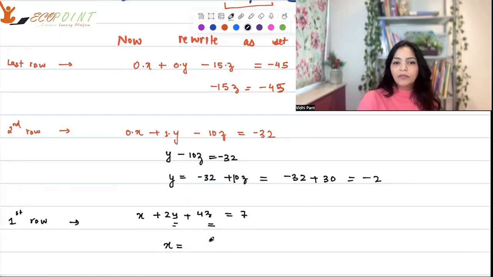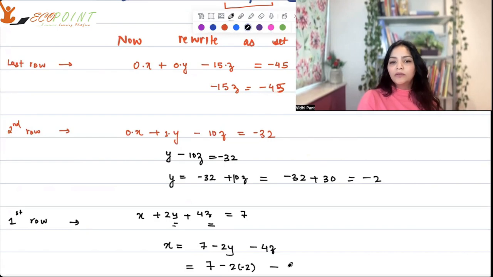And x will be 7 minus 2y minus 4z. Hence that becomes 7 minus 2 into minus 2 minus 4 into 3. And that is 7 plus 4 minus 12. That's 11 minus 12. That's minus 1. So the answer that we get is minus 1. Of course, the answer is the same as we got with the previous method.